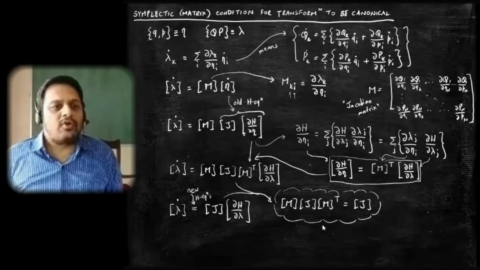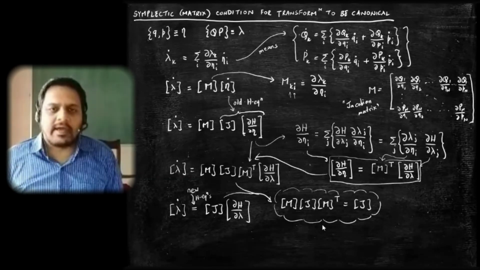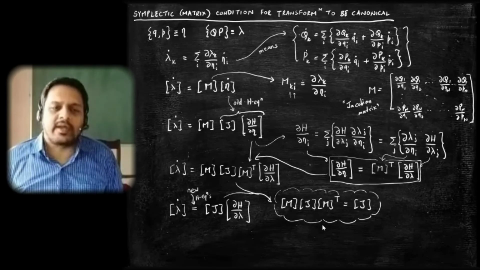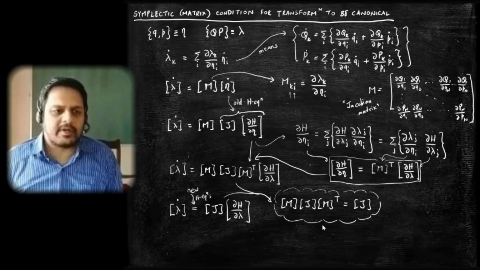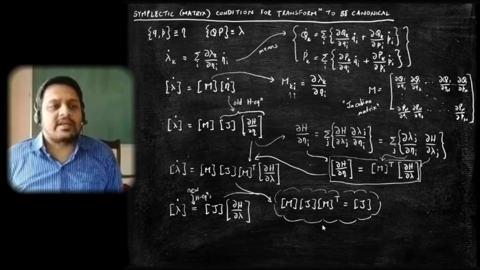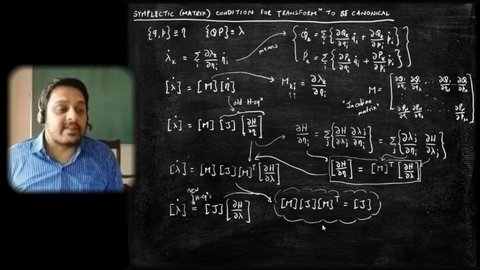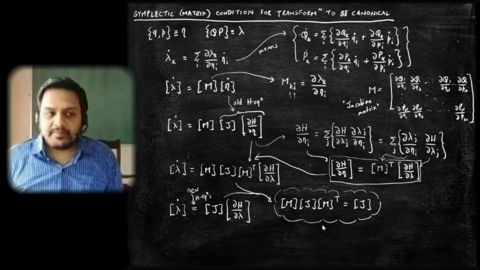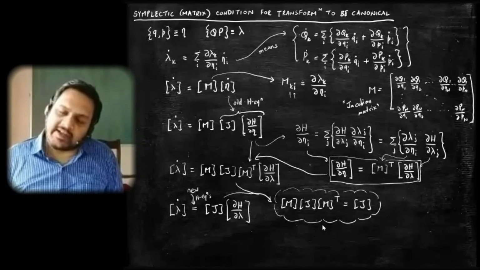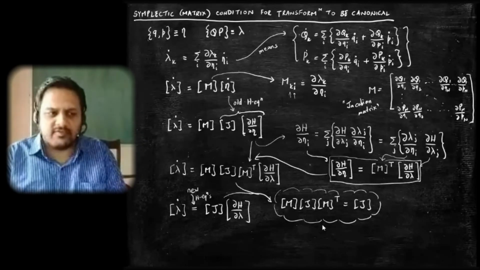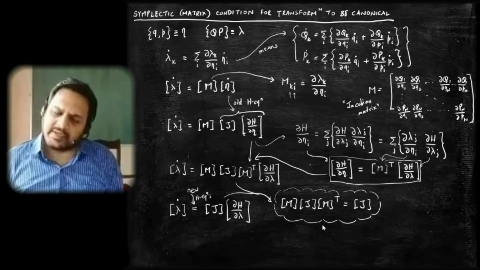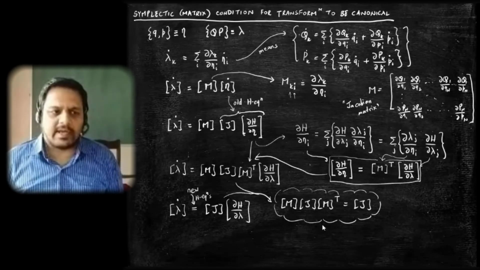So once I know the canonical transformation, or I know the new and old variables, small qk and capital Qk, small pk and capital Pk, I can always construct the Jacobian matrix and check whether this condition is satisfied or not. If this condition is satisfied, that means that the choice of new variables capital Q, capital P is in accordance with a canonical transformation.